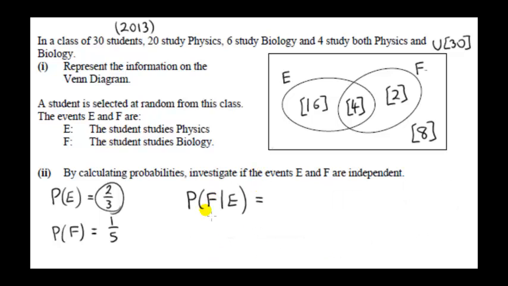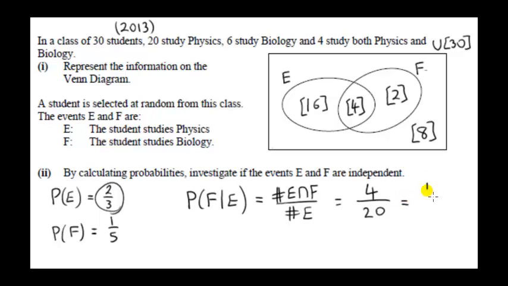Let's suppose that we consider the probability that F occurs given that E has occurred. So given that we have selected a student from set E, we need to consider the number of elements in E. Well, that's 20. So what proportion of them also belong to F? Well, you can see that we're interested in the number of elements in both E and F, and that's 4.